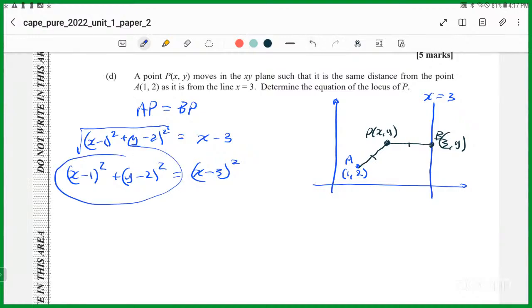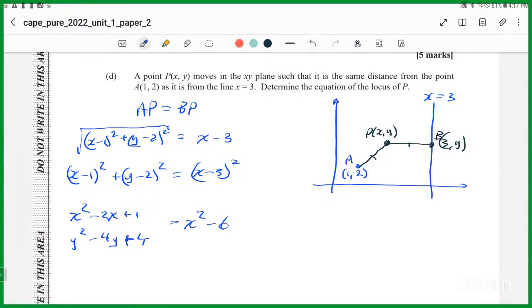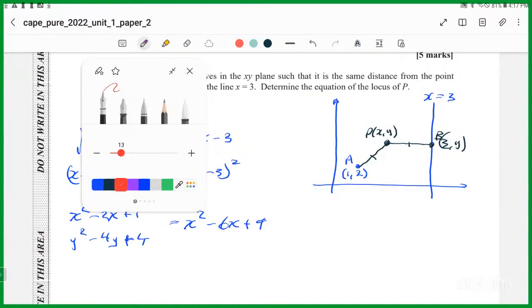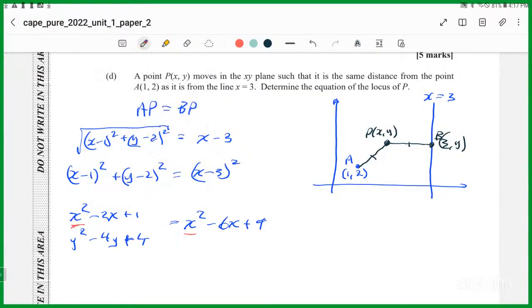Expand out this side first. You get x squared minus 2x plus 1. That's this. And this one now we get y squared minus 4y plus 4. It's all equal to this side, x squared minus 6x plus 9. Then the x squared terms cancel, that's this one and this one.